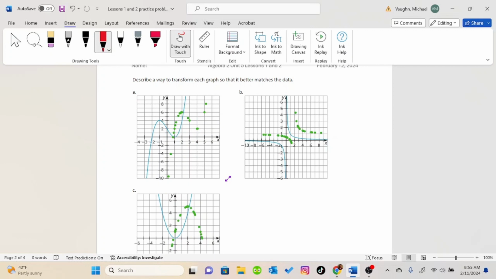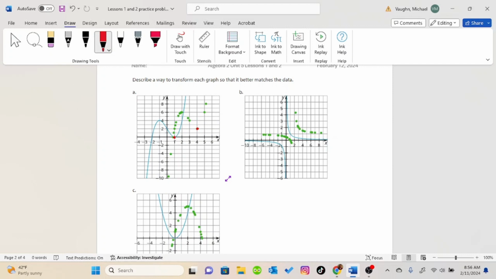So we want to pick some easy to identify points. You could do it here at the top of this peak, or you could do it at the bottom of this peak or trough. So if we take this bottom point here, then we would need to move it to match up with this bottom data point here.